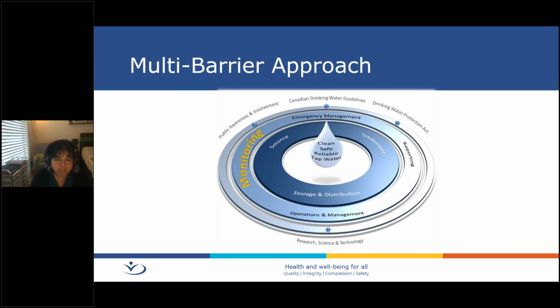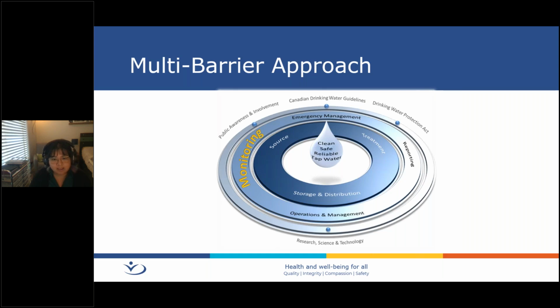As shown in the inner ring, you'll see there's the source, treatment, storage, and distribution. Source represents source protection, treatment indicates drinking water treatment, and storage and distribution is the system storage and distribution system integrity.